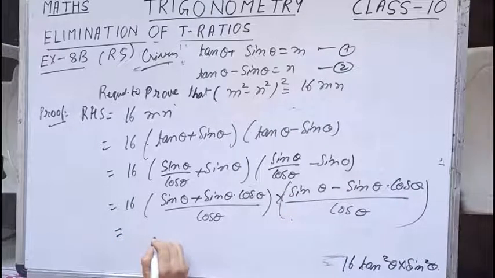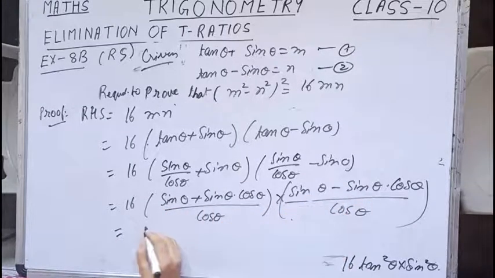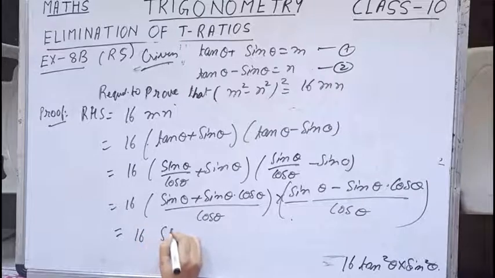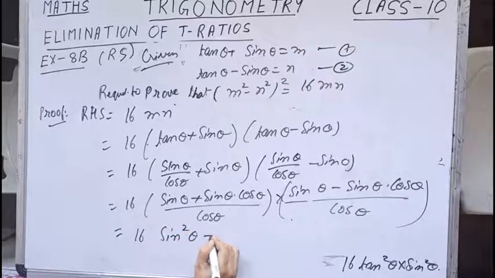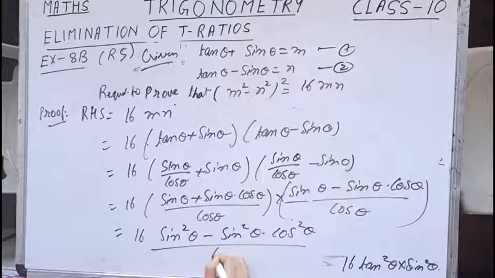So over here we can write, I have to get tan square theta into sin square theta. So let us expand the bracket over here, a plus b and a minus b. So I can write over here 16 sin square theta minus sin square theta into cos square theta by cos square theta.